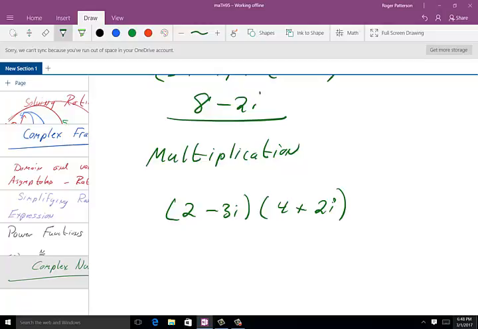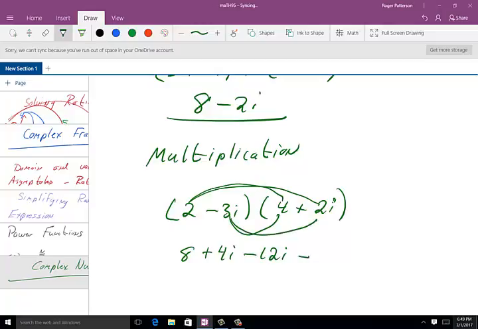Foil. Yep, foil it. Okay, so let's foil this. I want to step through it. 2 times 4 is going to give me 8. This is going to give me a plus 4i. This is going to give me a minus 12i. Here's the tricky part. That's going to give me a negative 6i squared.